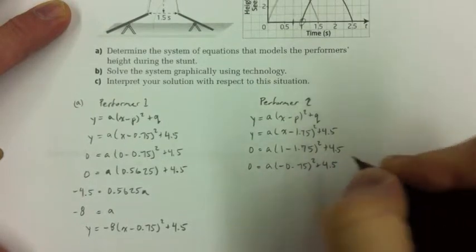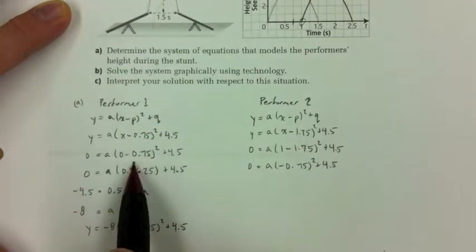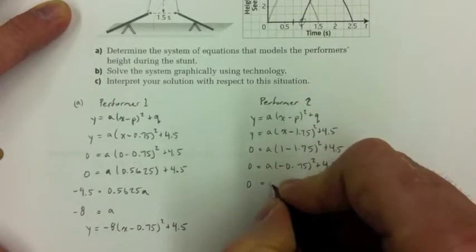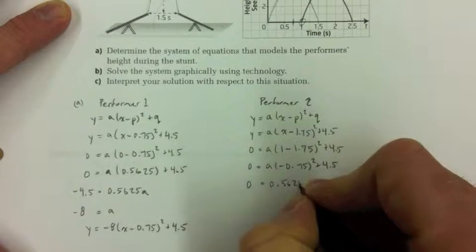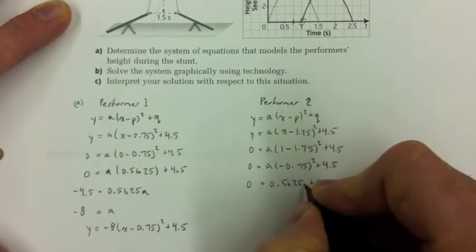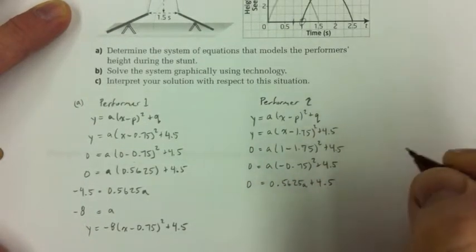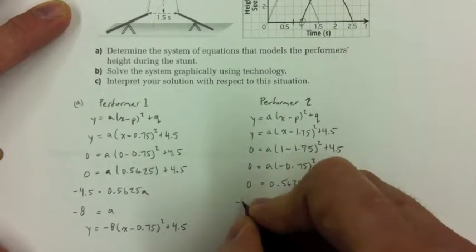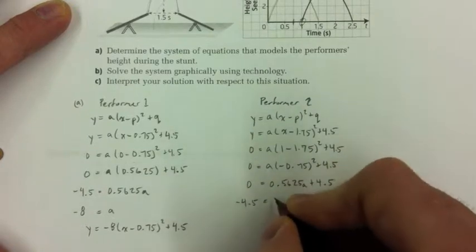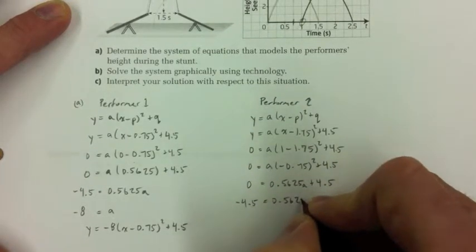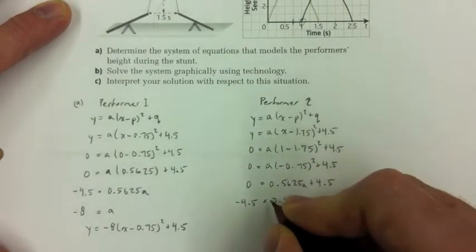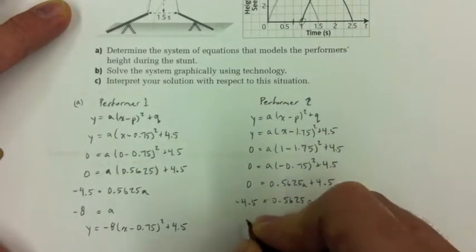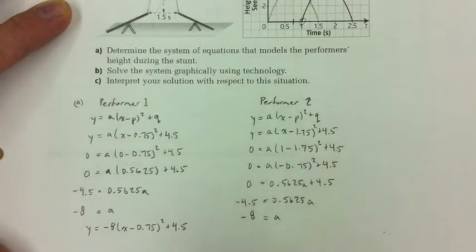And you see, we end up with very much the same equation as before. So we get 0.5625a plus 4.5, negative 4.5 is equal to 0.5625a, which again gives me a equals negative 8.